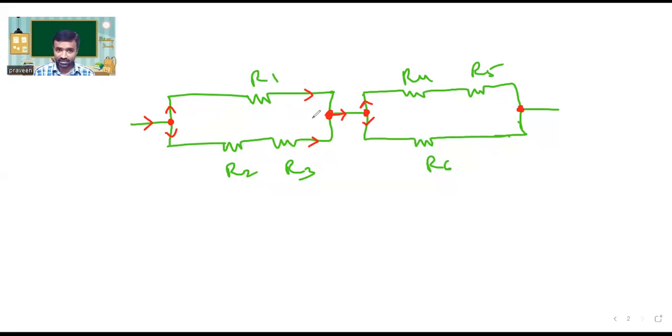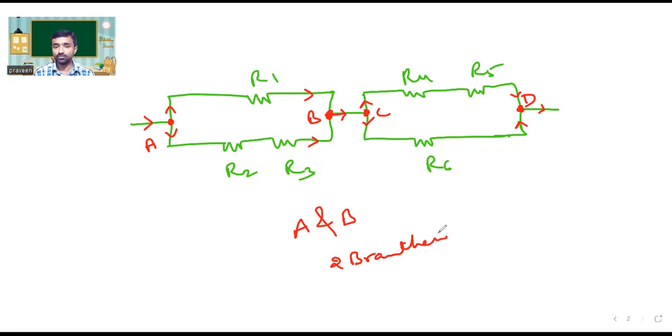So A, B, C, D, right? A, B, C, D. What are they here? Junctions, right? So between A and B, you have 2 branches. Between B and C, only a single path is there and no component is there.